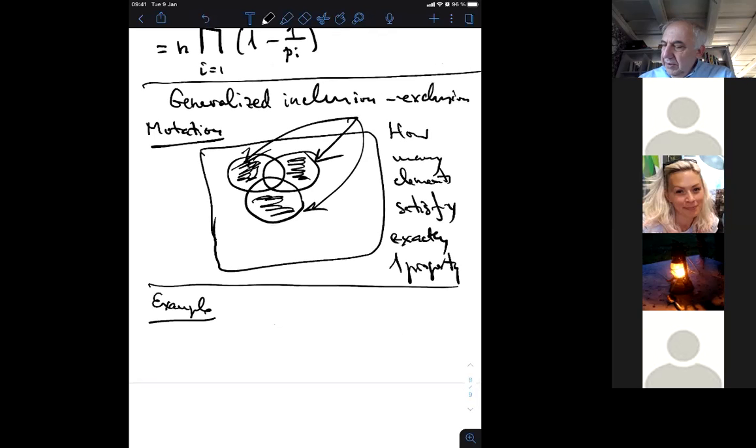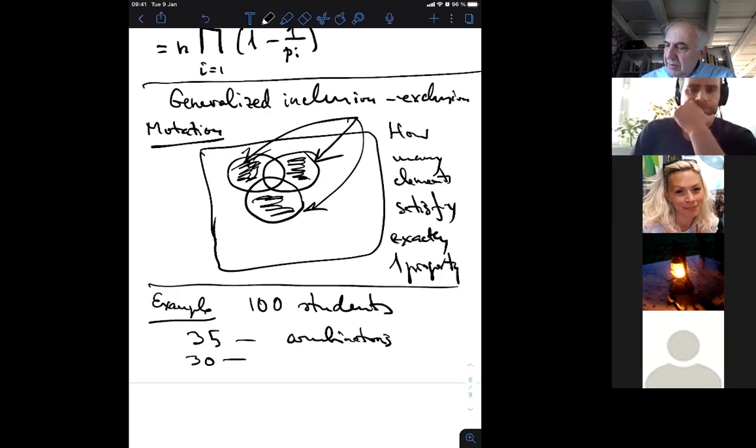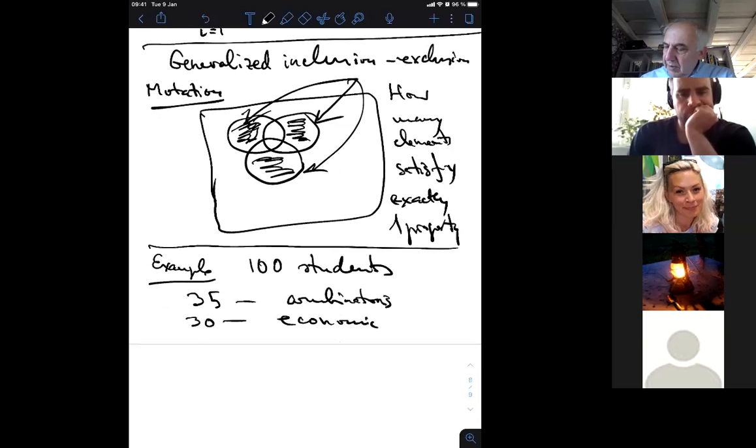Say we have 100 students totally. 35 taking combinatorics, say 30 taking economics, and say now 30 taking programming.